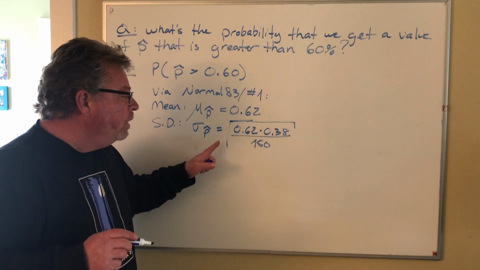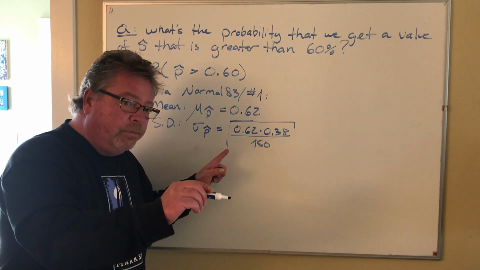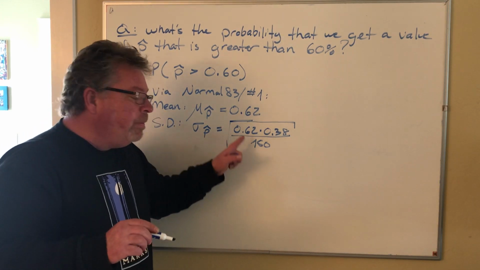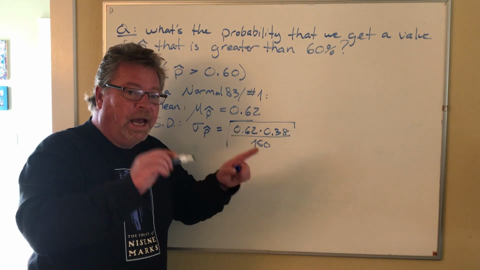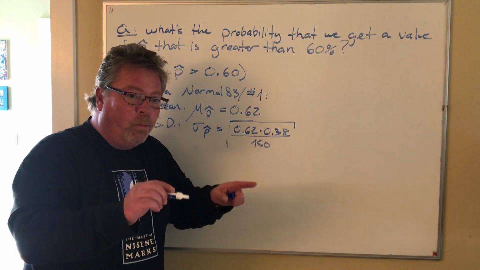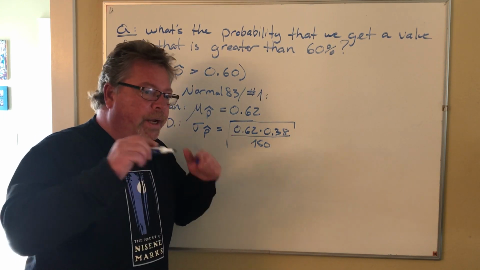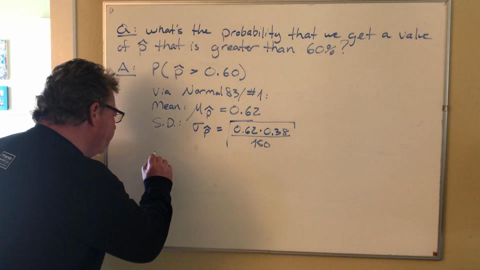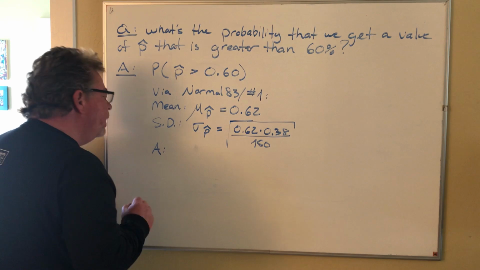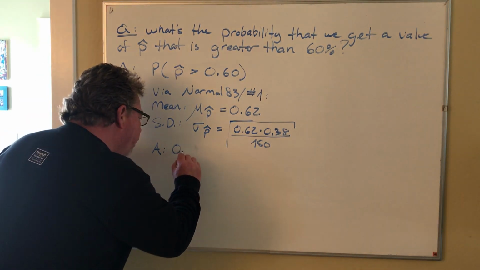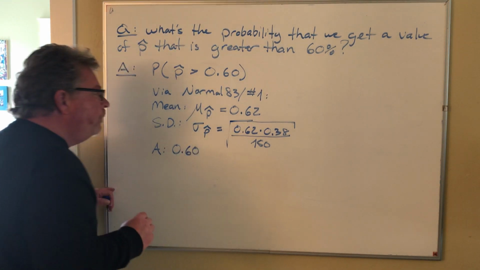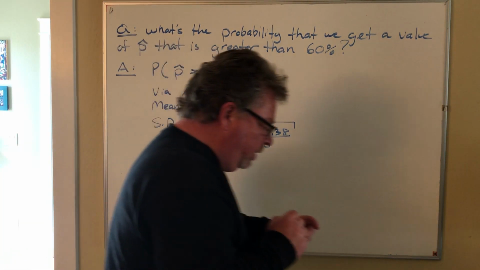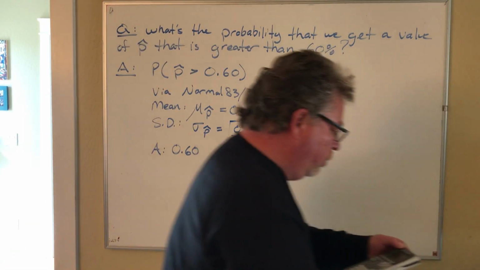When you hit second square root, you can just type it in as 0.62 times 0.38 divided by 150, close the parens, and that'll work just fine. And then our bounding number A is 0.60.